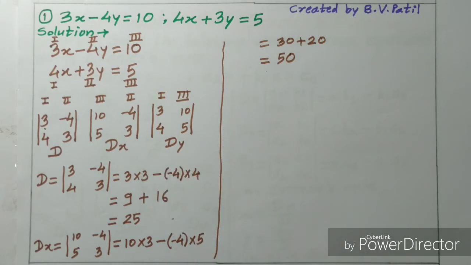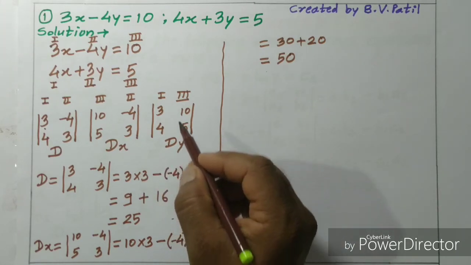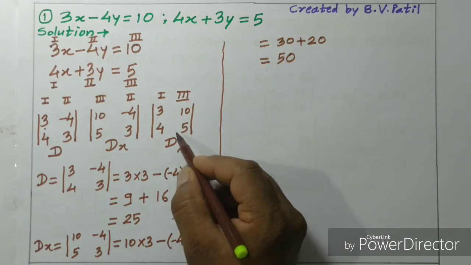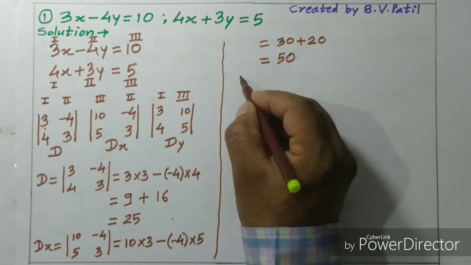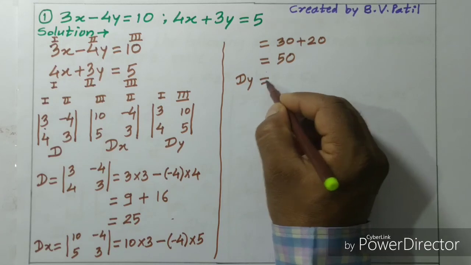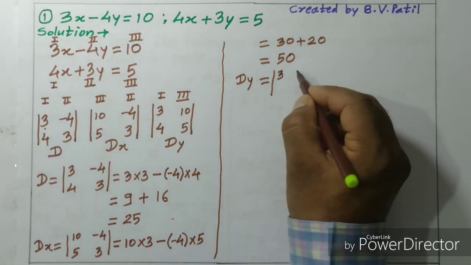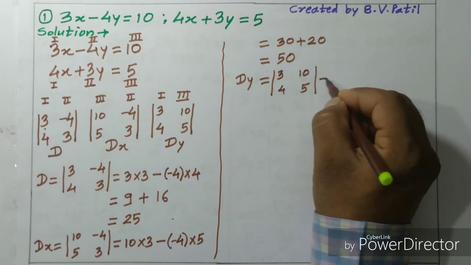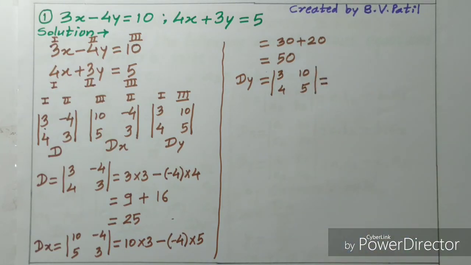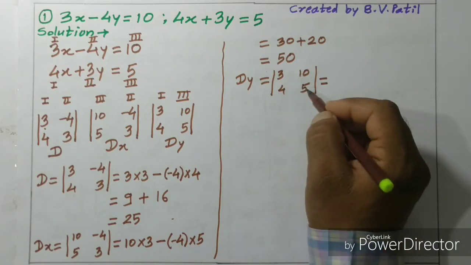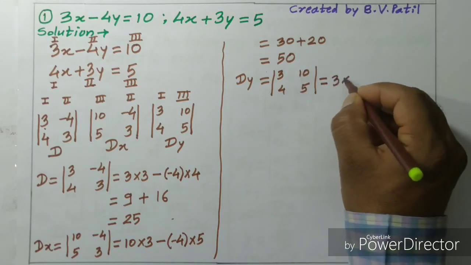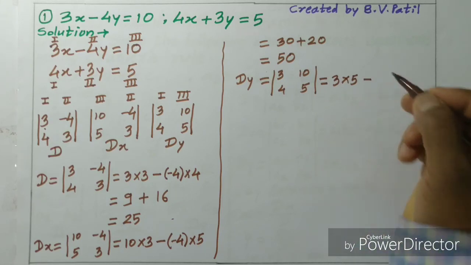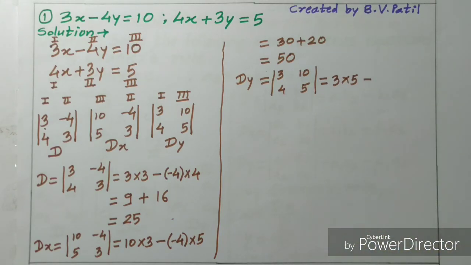Then dy we write here. That dy determinant we get here. Which numbers do we multiply first here? 3 and 5. 3 into 5, minus, which numbers do we multiply here?